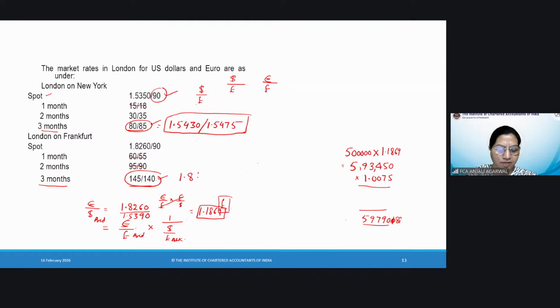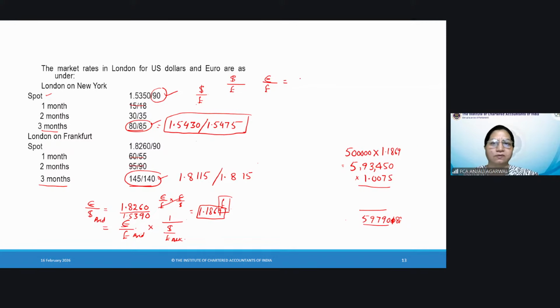1.8115 oblique 1.8290 minus 0.0140 and 1.815.